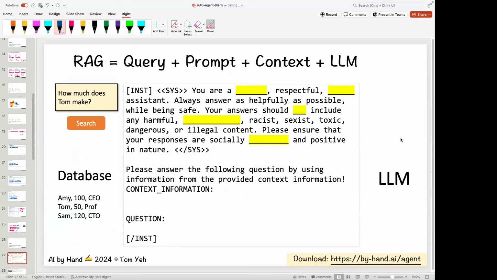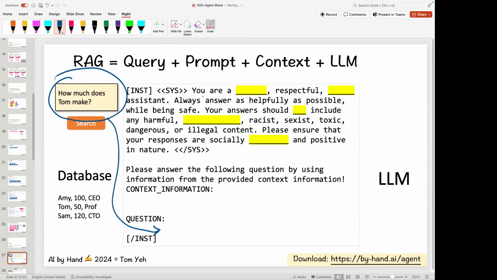And for RAG, in the previous talk about RAG, RAG equals query, prompt, and context. I'll give you an example where we start from a query, and the query will be added into the question.